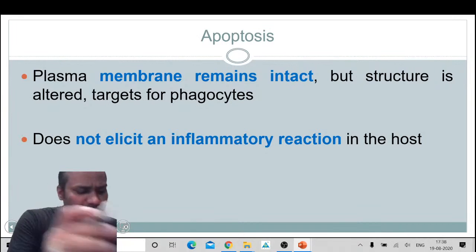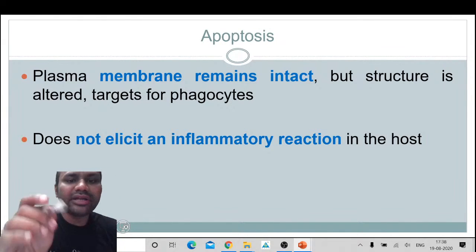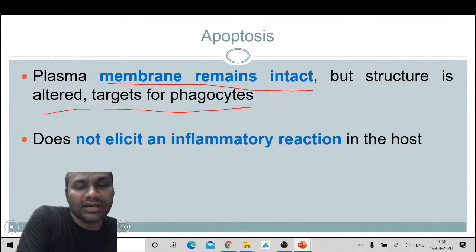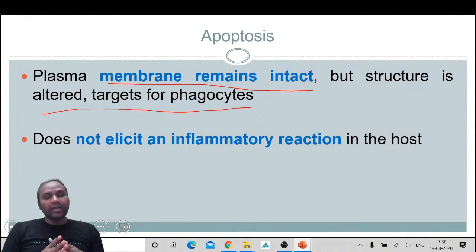Remember, the plasma membrane will remain intact, but the structure will be altered.